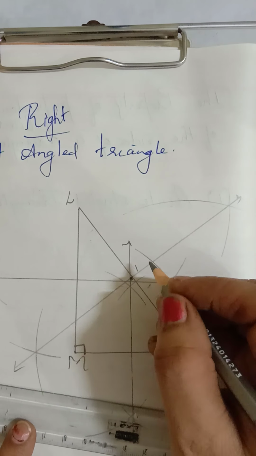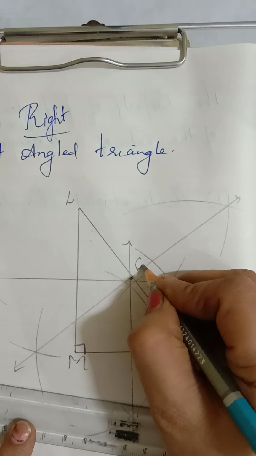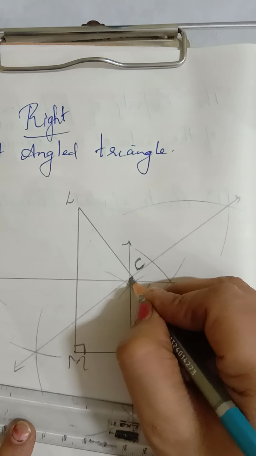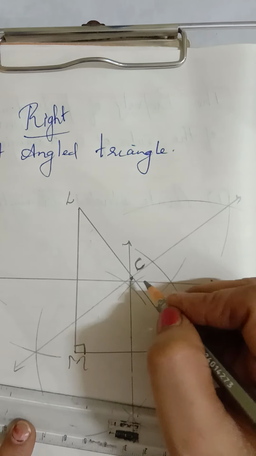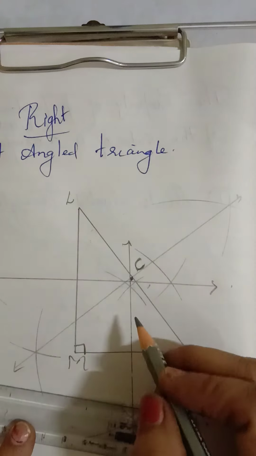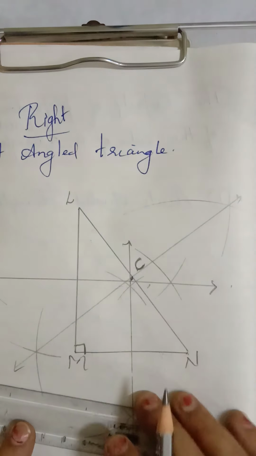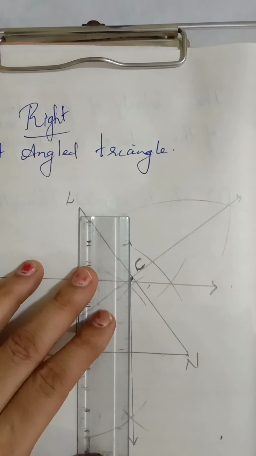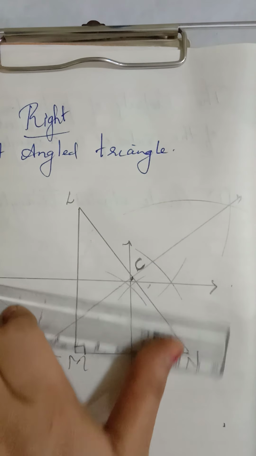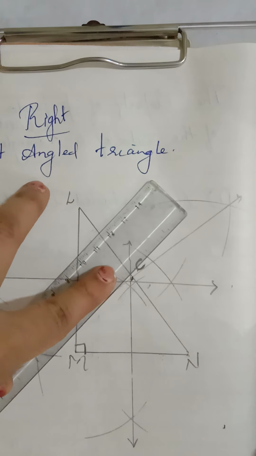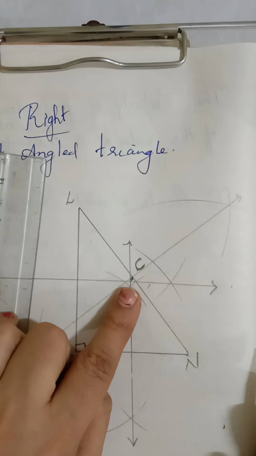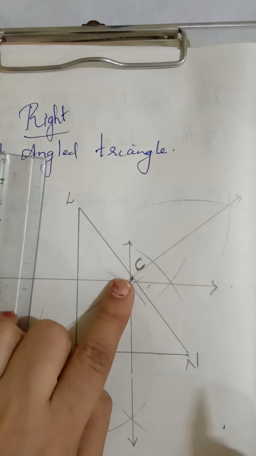Since it is the circumcenter, we will name it C. Okay children, this is the circumcenter, and you can see that all three perpendicular bisectors are intersecting at one common point. This common point is called the circumcenter, and this circumcenter lies here.